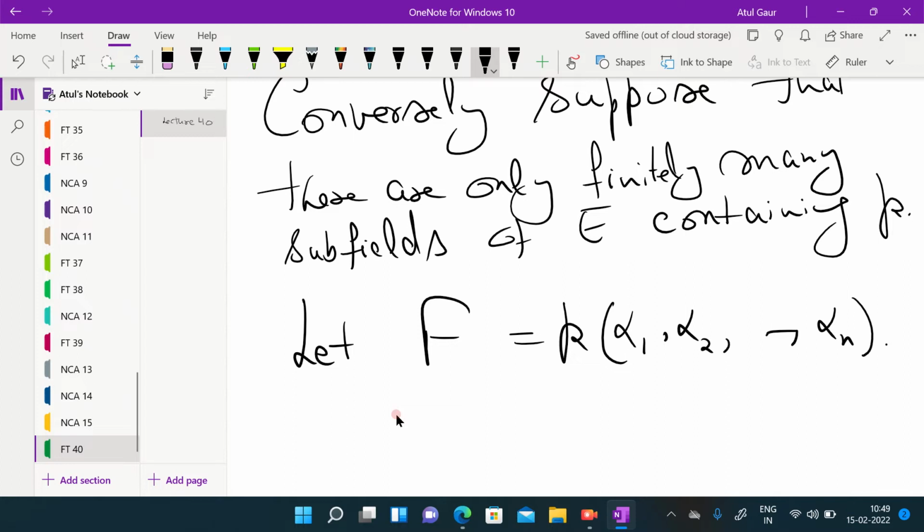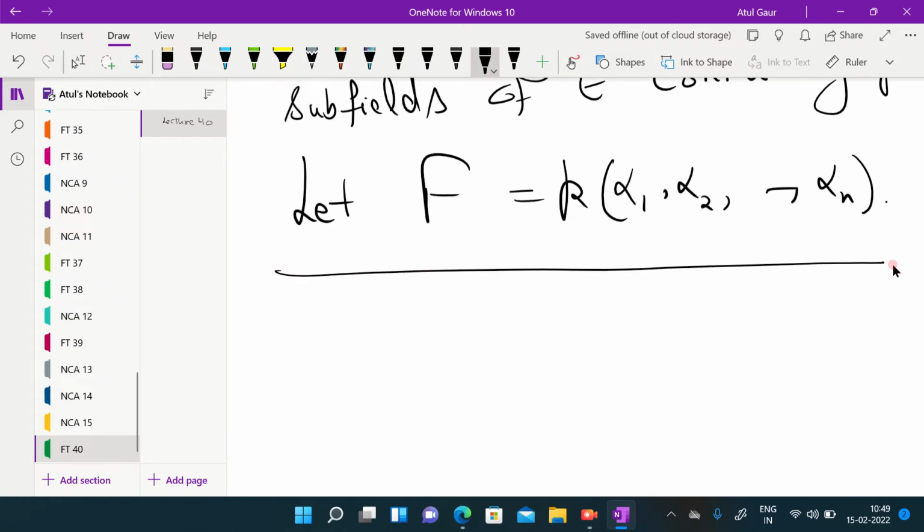I want to replace all these α1, α2, ..., αn by a single element. So what I want to show is that it is enough to prove the result by assuming n equals 2, because once the result is true for two elements, then it will be true for any finite number of elements by repeated application of the case n equals 2.